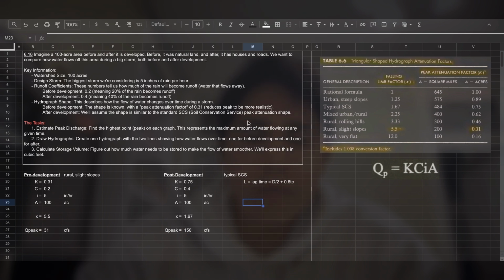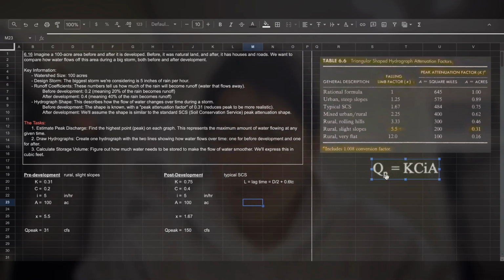But the solution of this problem is assuming that those two are not equal. It's assuming that the time of concentration is longer than the duration of the storm. In other words, the storm started, the storm finished, and the farthest drop of water hasn't reached the gauge at the end of our watershed, which is actually very common.